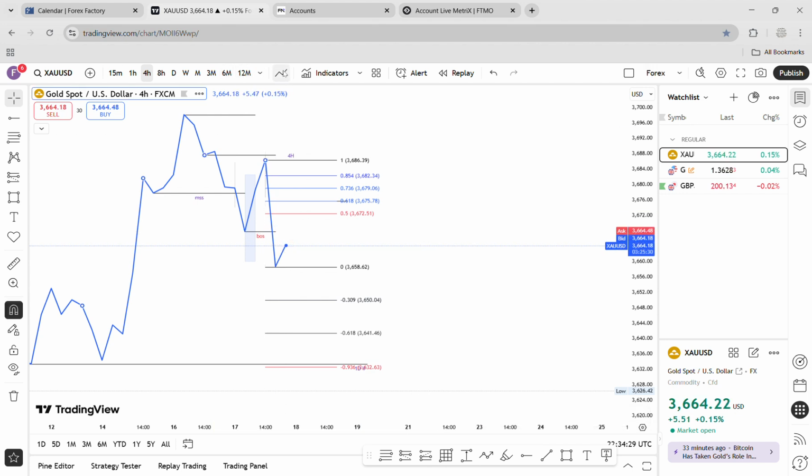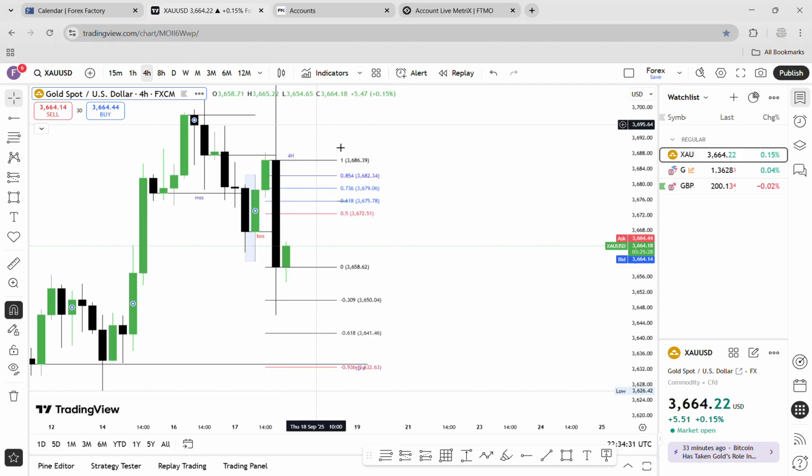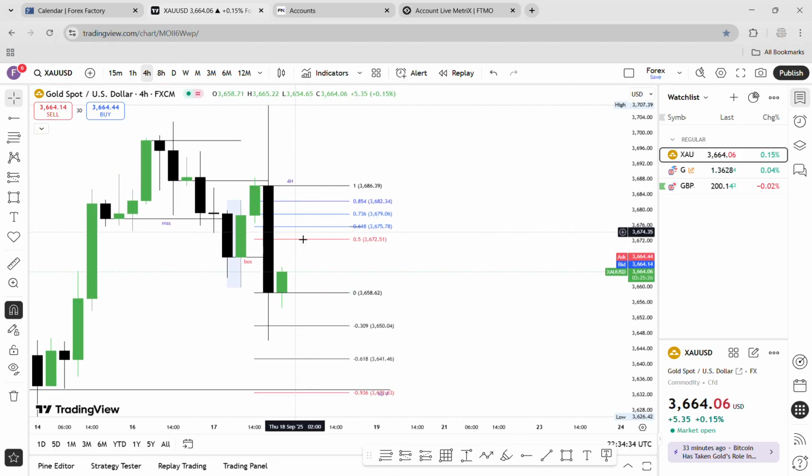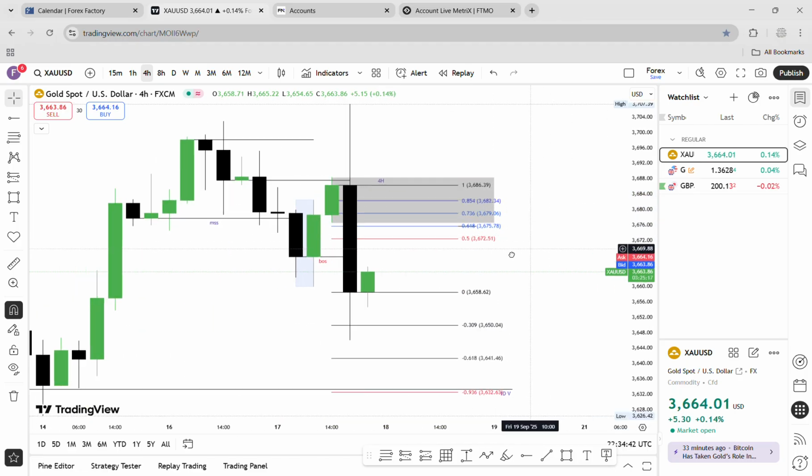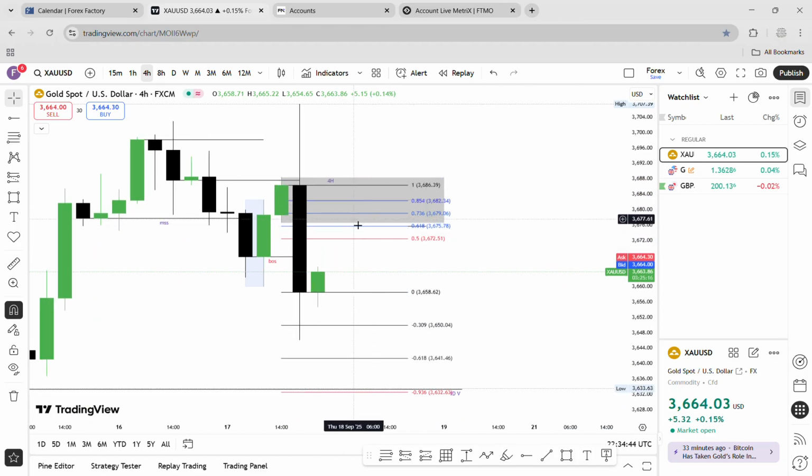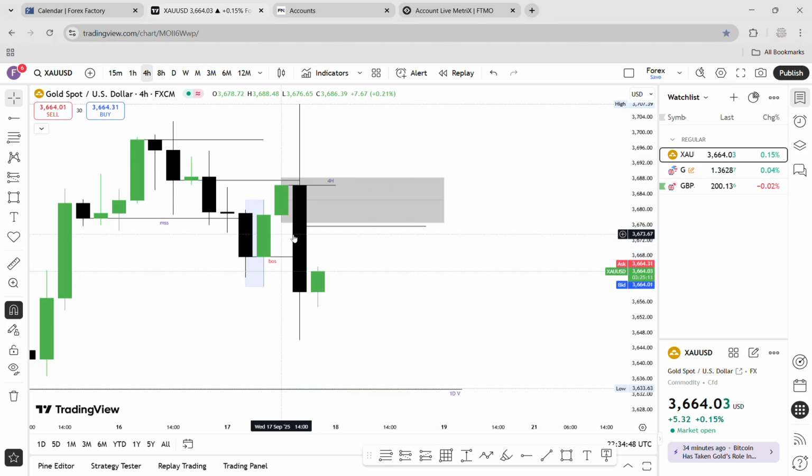So now, where is price likely to react from or retest? We have another block right here, right? It's aligning with our fib levels as well. So you can just wait for price to get to this area and see the reaction.